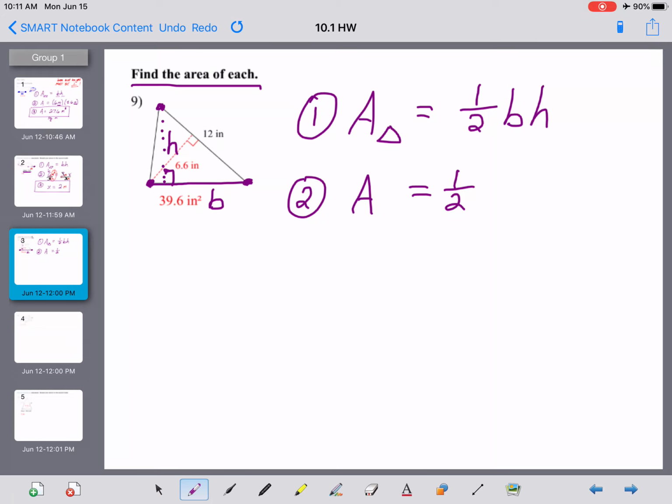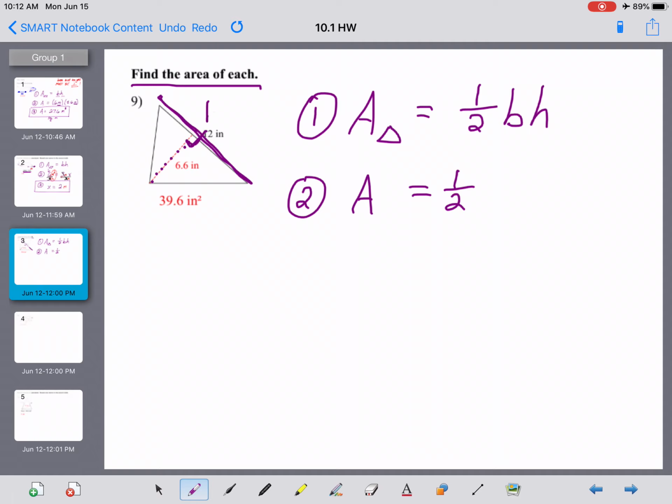Well, our problem with setting it up that way is that we don't know the length of this base down here on the bottom, nor do we know the length of this height. So you could set it up that way, but really you have to use the information that's presented to you. The only 2 side lengths we know are this long side over here on the right has a length of 12 inches, and then sure enough, this altitude drawn right over here is perpendicular to that 12-inch side.